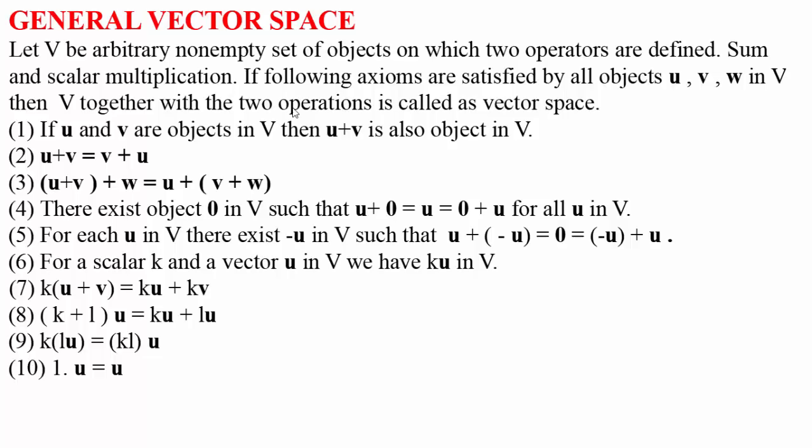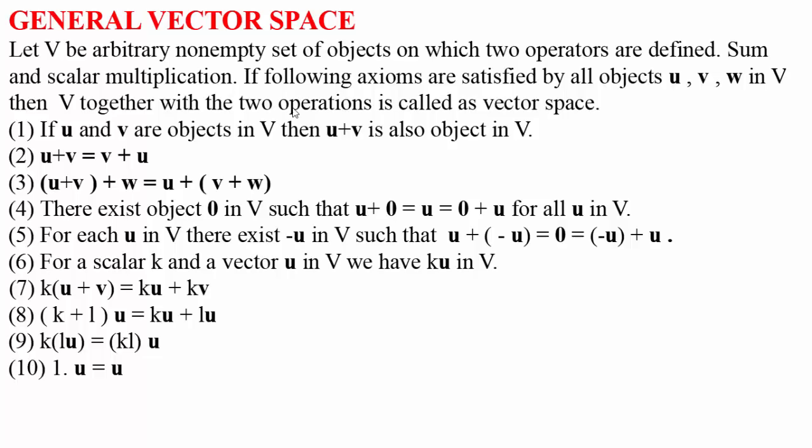And the axioms are: first axiom, if u and v are objects in set V, then u plus v is also an object in set V. That means addition is closed. Second, u plus v equals v plus u, for any two objects u and v in set V. This is called addition is commutative.